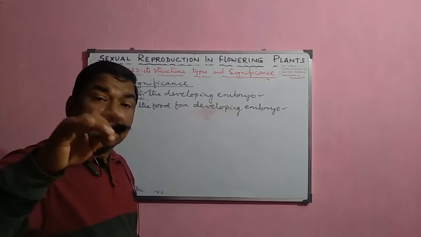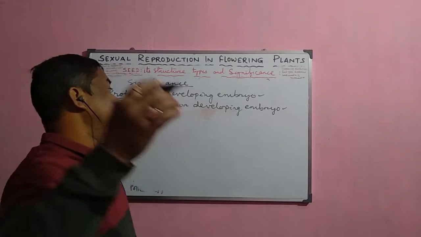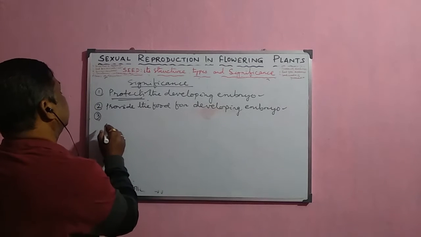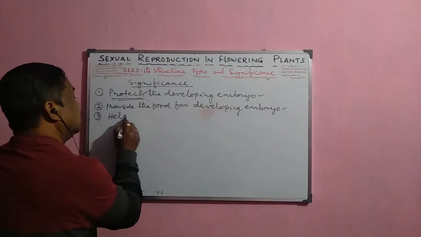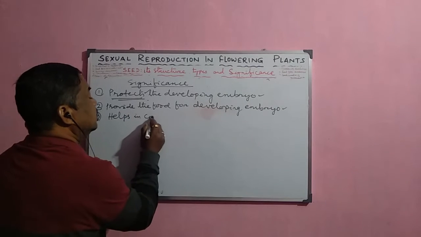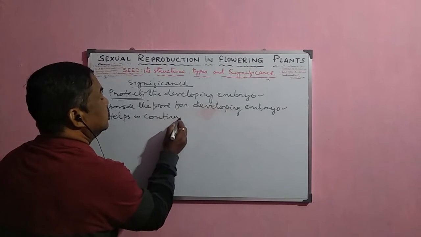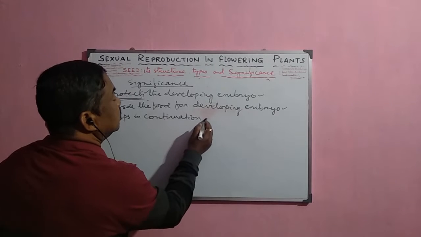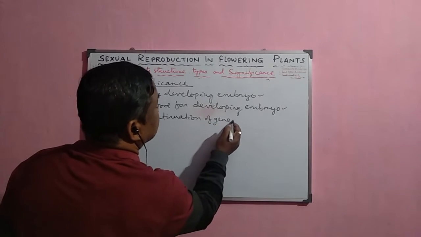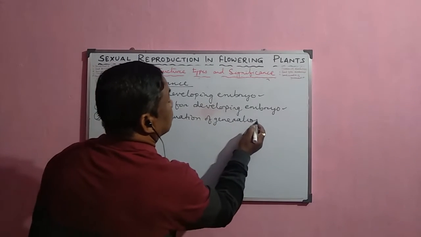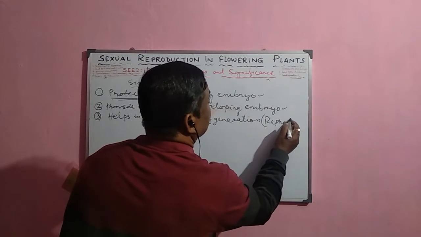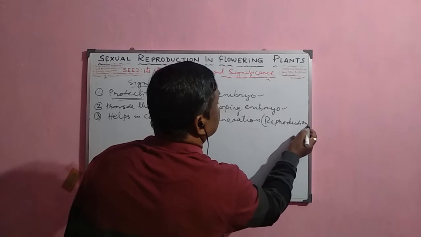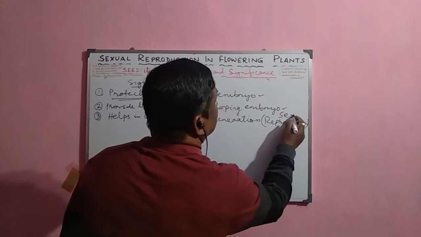Now, the continuation of the generation, because the seed habit, or seed formation, helps in the continuation of generation. That means it helps in the process of reproduction, which is sexual reproduction.